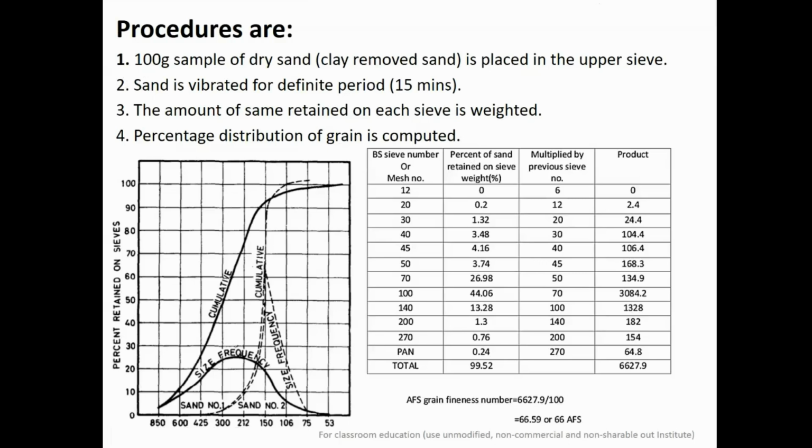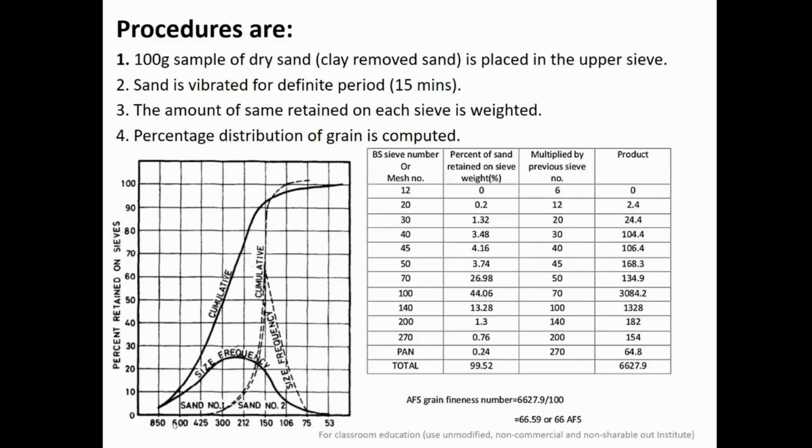After 15 minutes, you can disassemble the sieve combination, and you measure the amount of retained sand sample on each sieve. Then you can easily make the distribution graph. The x-axis shows the size of the sand particles in microns, say 53, 75, 106, 150, 212, and maximum up to 850 microns.